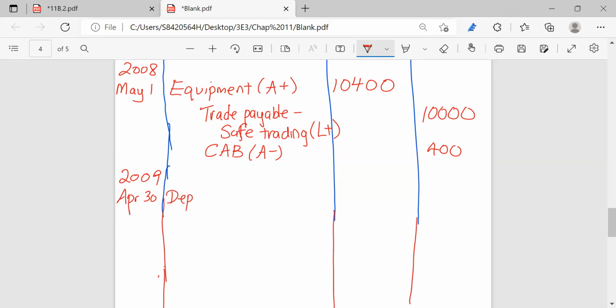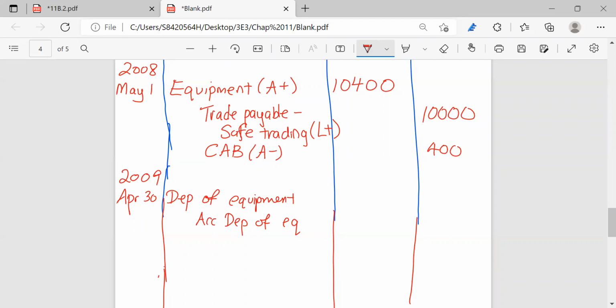The EQ you can spell out in full: depreciation of equipment. And credit your accumulated depreciation of equipment. I just write EQ for equipment, you spell out in full, okay?